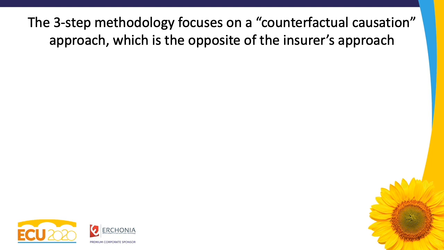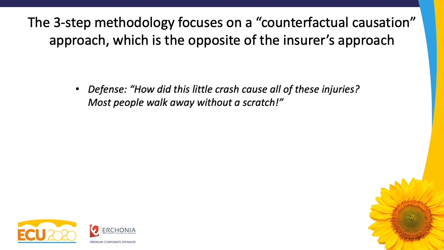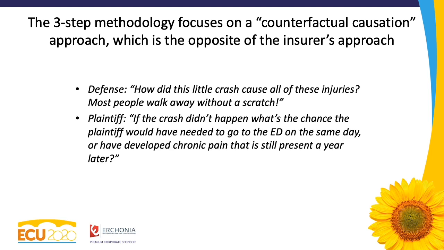This is called a counterfactual method, or counterfactual causation, because instead of saying, like the insurer says, how did this little tiny crash cause all these injuries, because most people don't have any injuries, instead you're asking the question, if the crash didn't happen, what's the chance this person would have needed to go to the hospital on the same day, or would have developed chronic pain that started on that day?